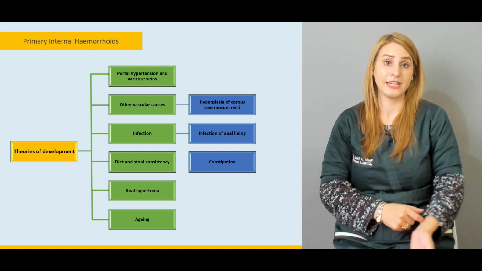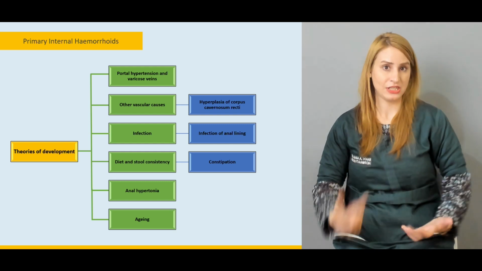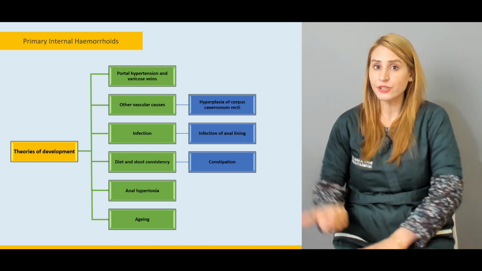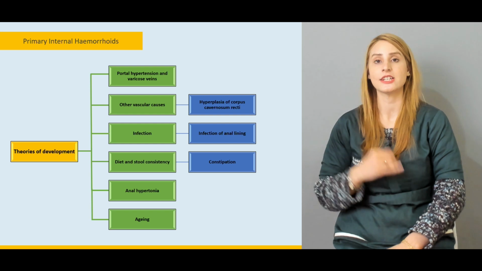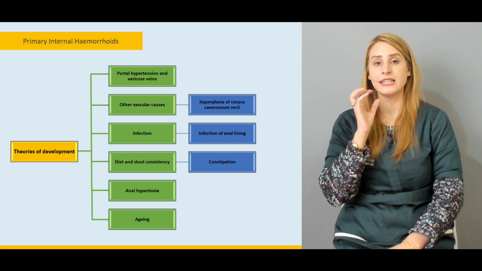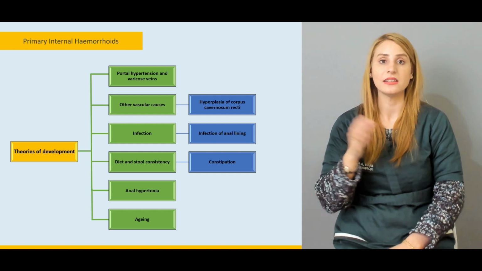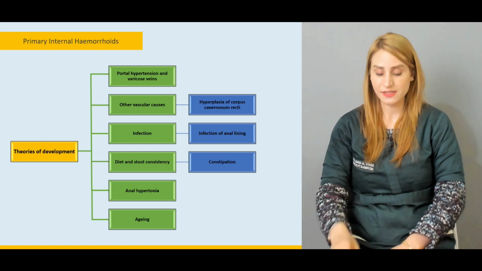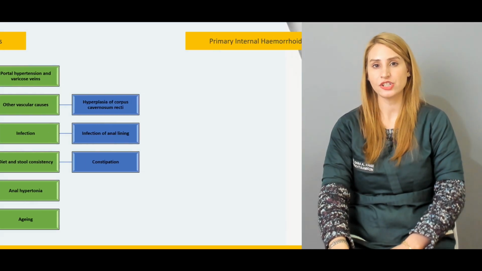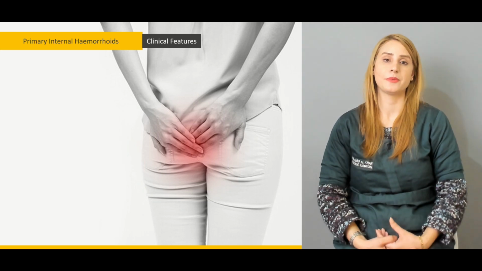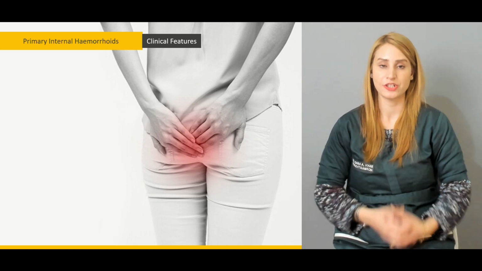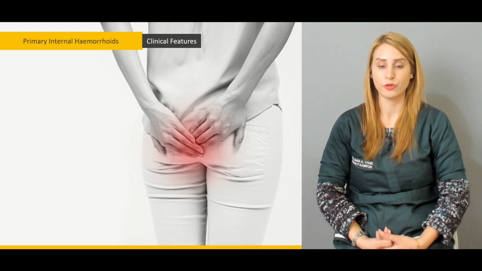As a process of aging, the collagen is degraded, and the turnover of the collagen is more than the formation of new collagen. Because of that, the elasticity of the tissue is lost, and there's more pressure and more resistance to bear the pressure, and because of that, there is a formation of hemorrhoids.